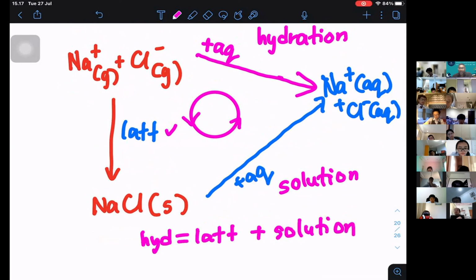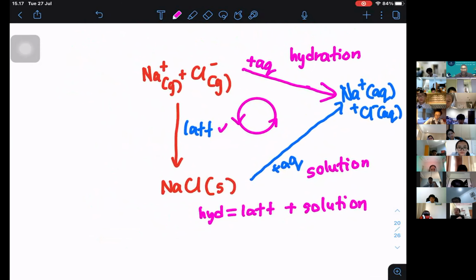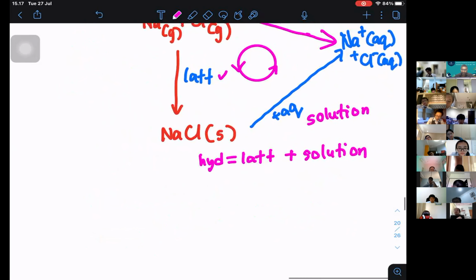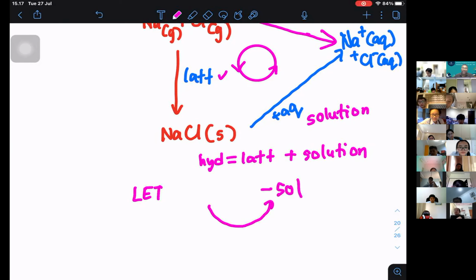Some people memorize things differently. If you want to derive it, you can derive directly if you can get this. Or if you cannot remember, you just remember let your soul go. It means let it go, so when you let it go, it's minus. And hide.